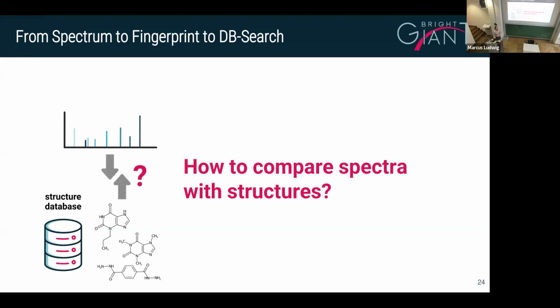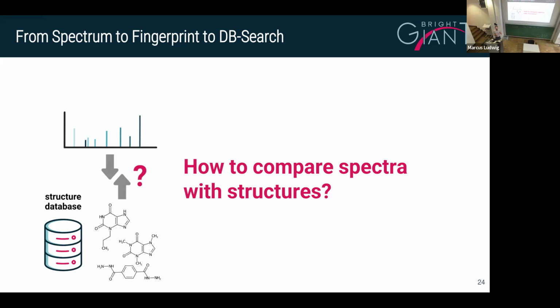Many tools out there start from a structure, simulate a spectrum, and then compare the simulated spectrum against your measured spectrum. It feels like a natural way, because we know how to compare spectra.